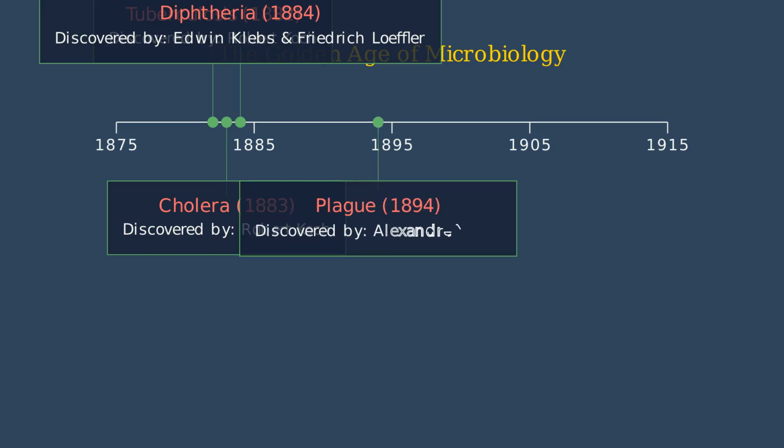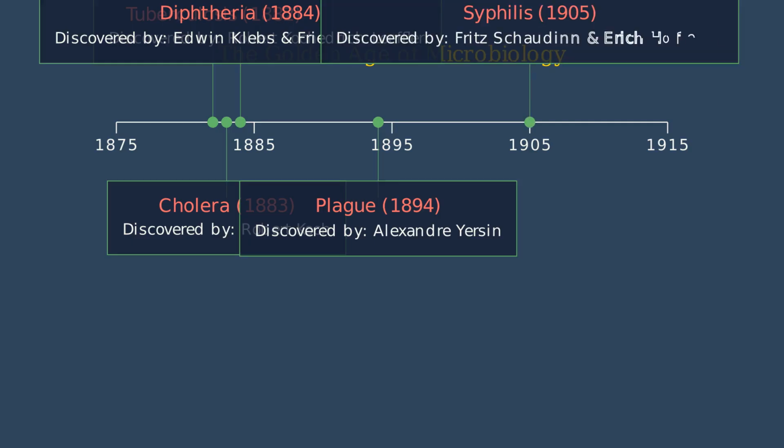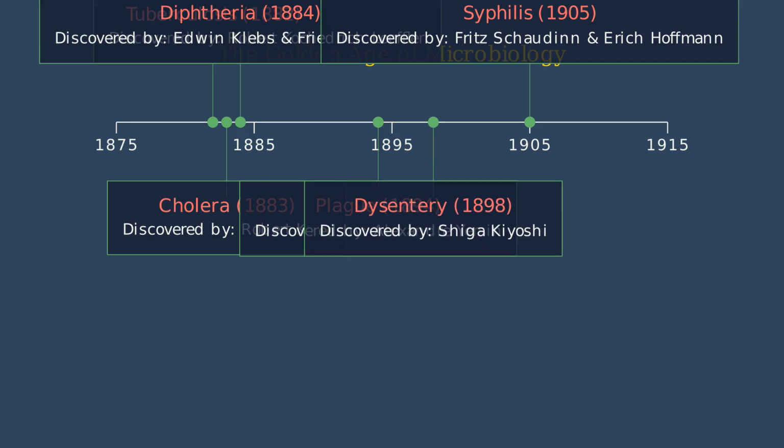Alexandre Yersin discovered Yersinia pestis, the bacterium causing plague, during an epidemic in Hong Kong in 1894. The causative agent of syphilis, Treponema pallidum, was identified by Schaudinn and Hoffmann in 1905. Shiga discovered the bacterium causing dysentery in 1898, which was later named Shigella dysenteriae in his honor.